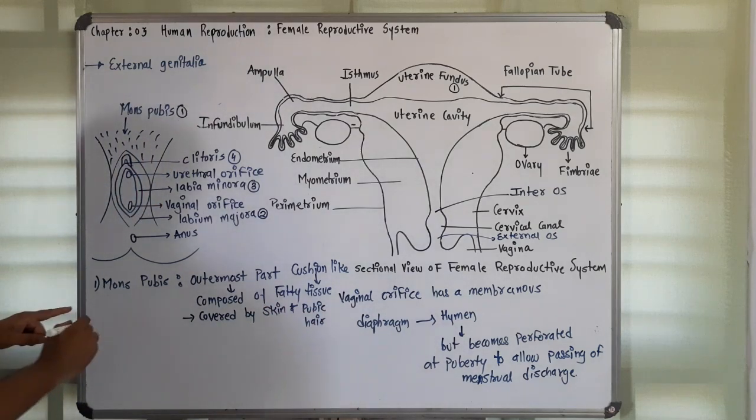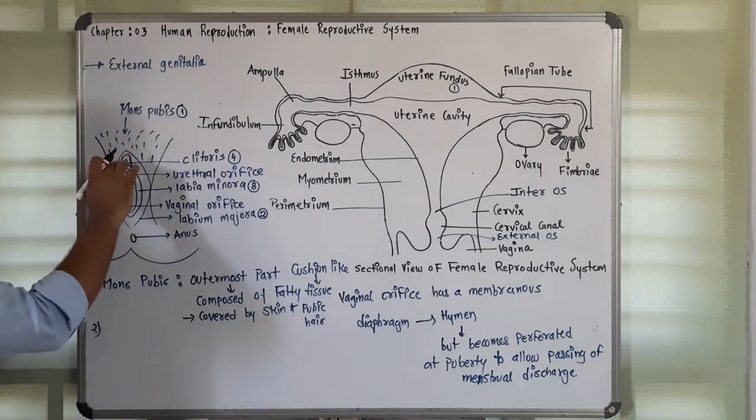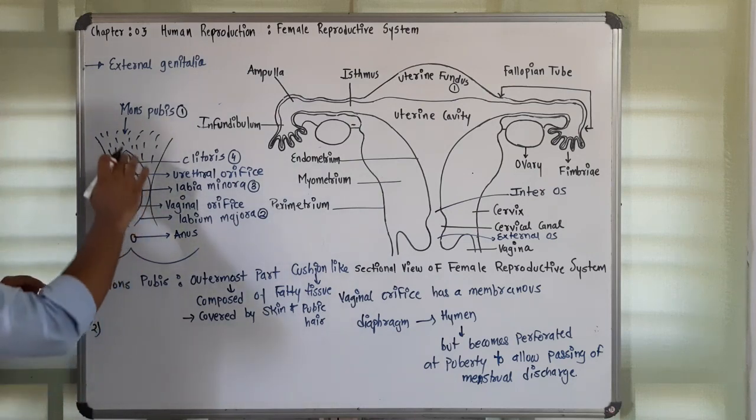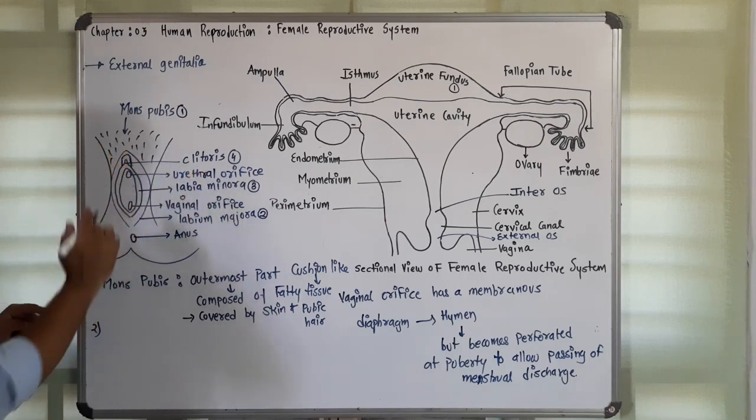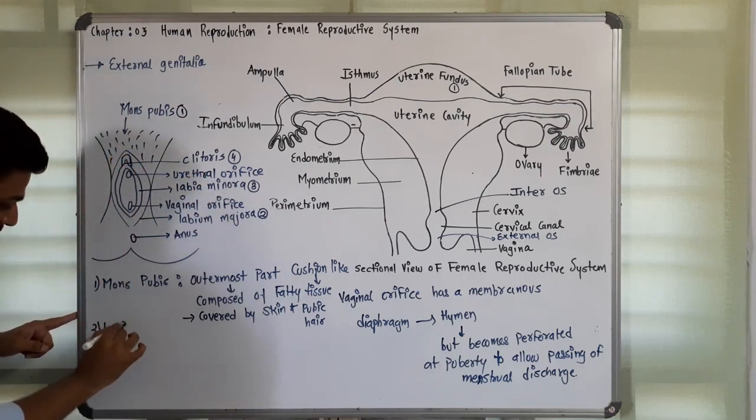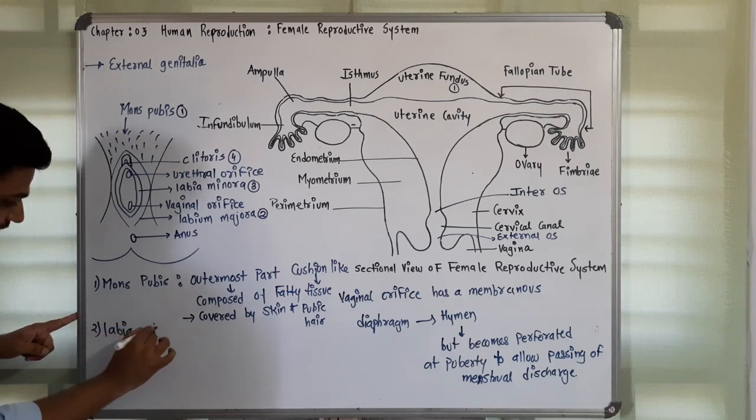Next one. From mons pubis, there is a paired skin fold that extends down, called labia majora.